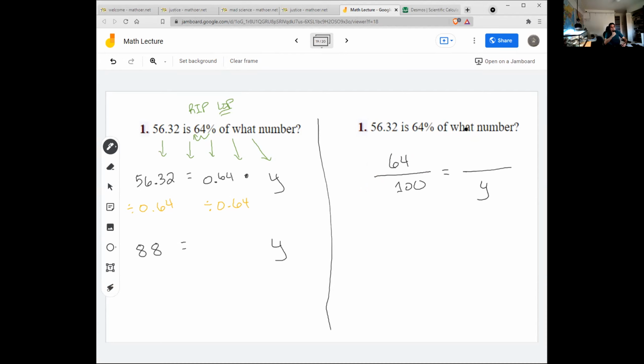Variable of what? We don't know what it is. And the thing we haven't used yet, 56.32. Cross multiply and you'll get the same thing. If I'm doing the shortcut, then that would be these two I multiply, and this one I divide.